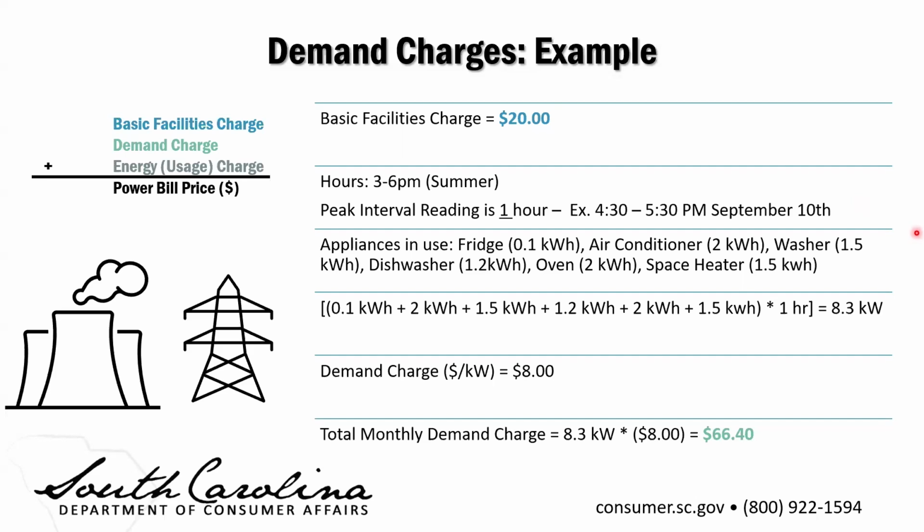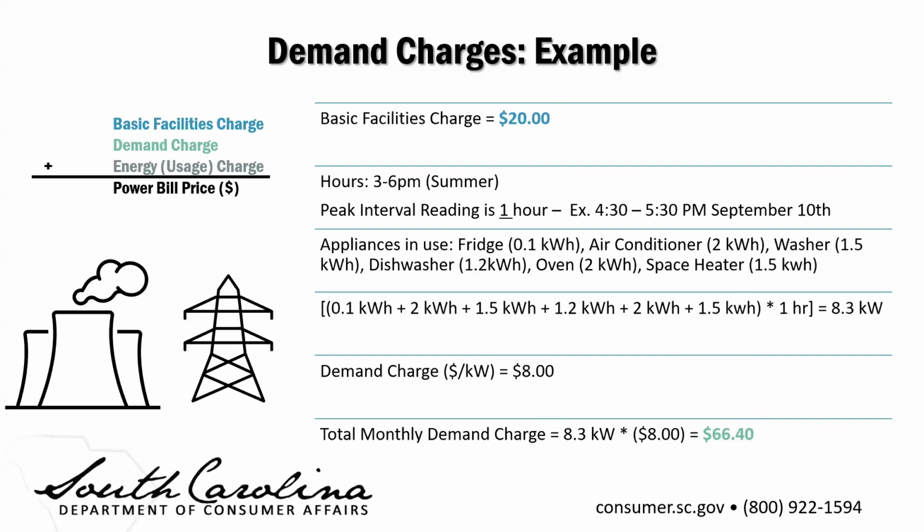So then we're going to add all these together, and we're going to multiply that usage by the 1 hour, and we'll get the 8.3 kilowatts. Then we're going to multiply that 8.3 kilowatts by the demand charge of $8. And we'll see that Beamer's total monthly demand charge is right here, $66.40.